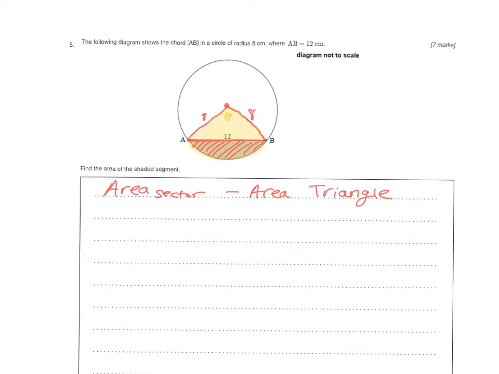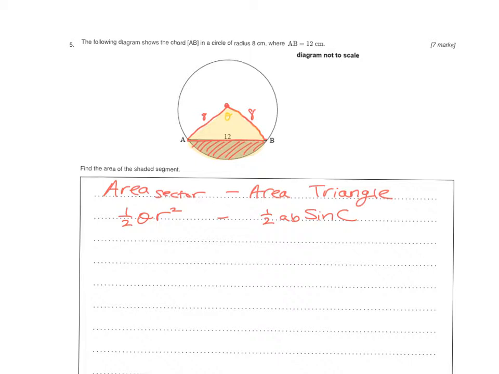Now, there's a great formula for the area of a sector. And the formula for the area of a sector is 1/2 theta r squared. And the only trick is that theta has to be in radians. And then there's also a great formula for the area of a triangle, which is 1/2 ab sine of C, where a and b are 2 sides, and angle C is the angle between those 2 sides.